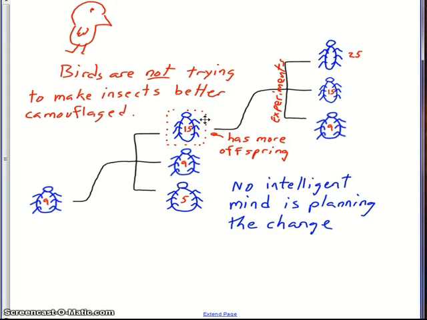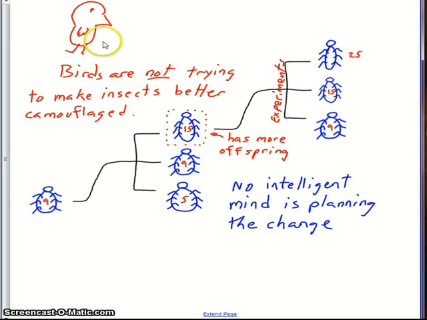So there's no intelligent mind that's planning this evolutionary change. It's simply the interaction of predators and prey. The birds are not trying to make insects evolve better camouflage, and neither are the insects. They have no power to cause this evolution. They're just trying to get by and survive.